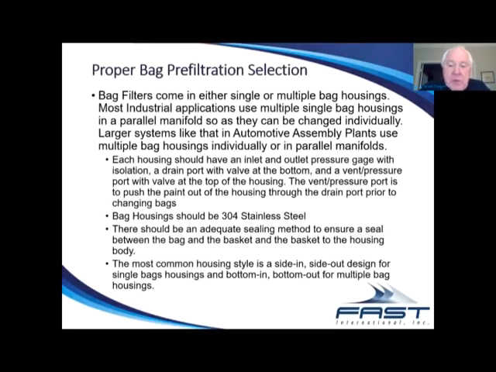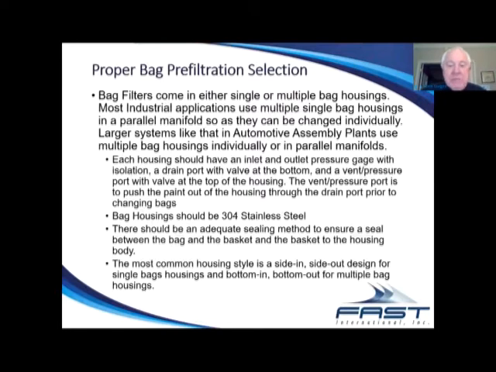And one of the most important things that's often overlooked is that there has to be an adequate sealing method to ensure that the bag is sealed to the basket and the basket is sealed to the housing. I have gone into many plants that have had problems with life of the spiral element. And when you open the element up and take a look, the bottom of the element is just covered with all sorts of big chunks of paint.